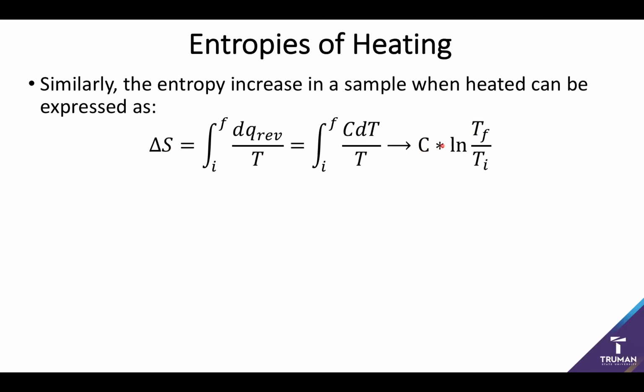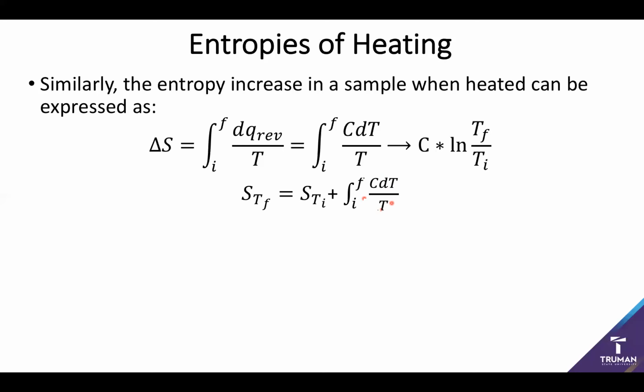Now, again, we run into some issues because this is the general heat capacity. And most of the time, this isn't going to be exactly the most useful form, because we don't know what the exact heat capacity is for a lot of systems. And so we often are forced to use this unsimplified integral.